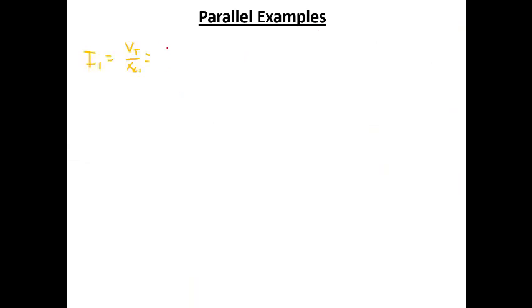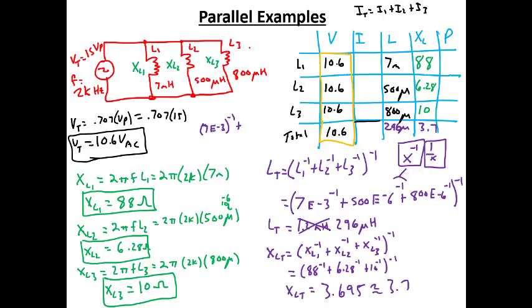So 10.6 divided by 88 is 120 milliamps. So that would go here. And remember, we're using 10.6 because we had to convert the 15 volts peak to AC.